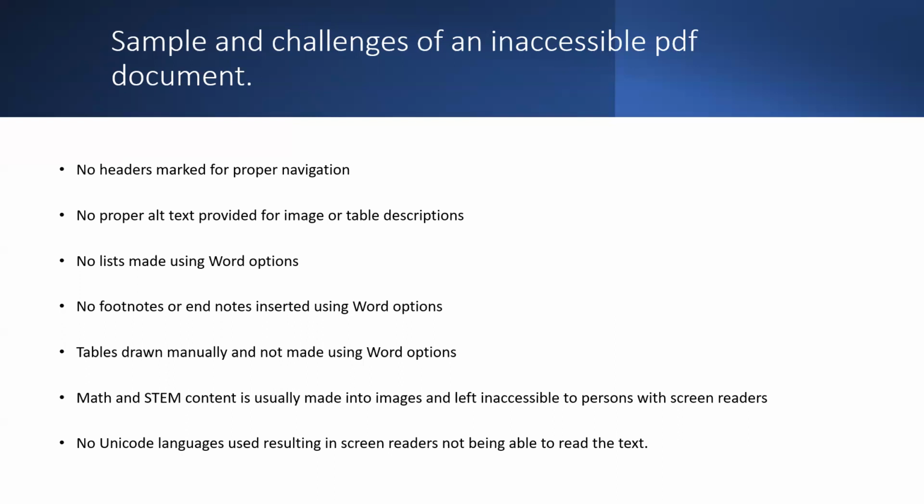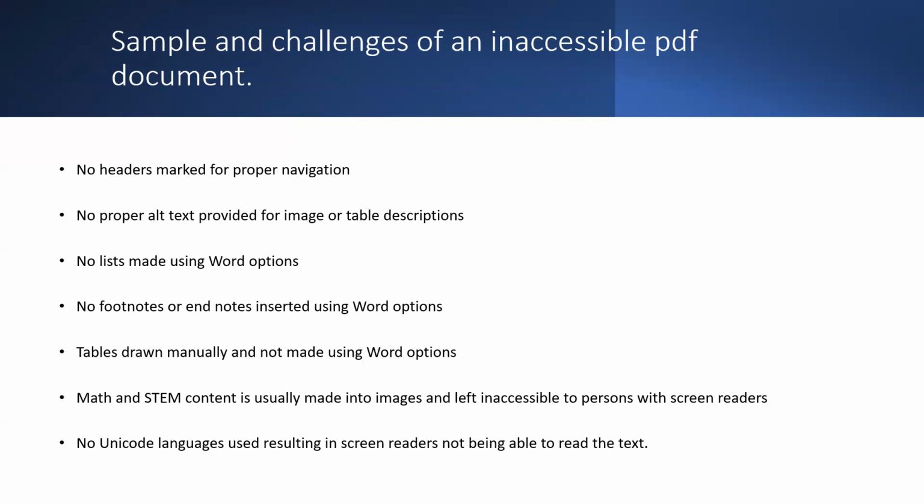But when you try to copy it, it will give you all garbage values. And when you use such a non-Unicode language in your PDF final output file, the screen reader will only read the garbage values. So that book will be rendered completely inaccessible for people with print disability or visually impaired people who are trying to use it with a screen reader.